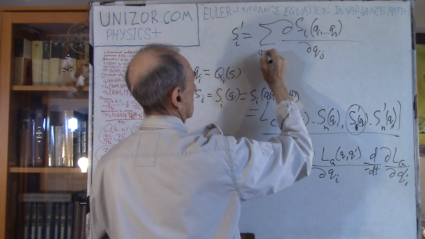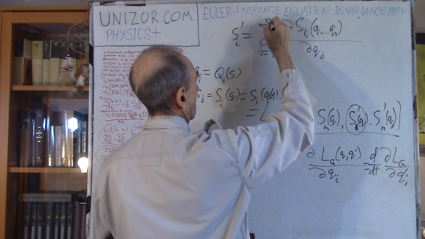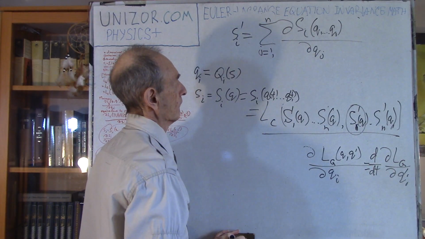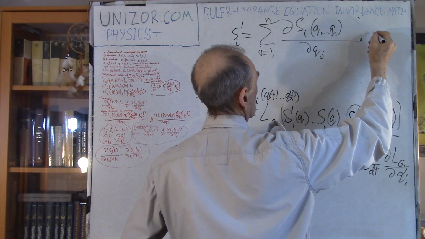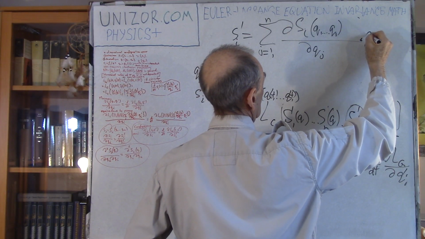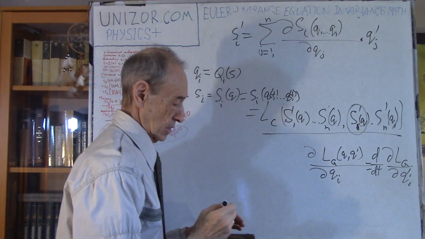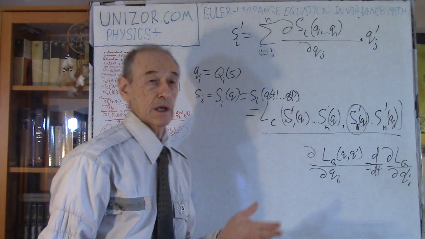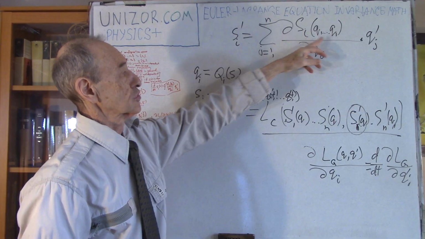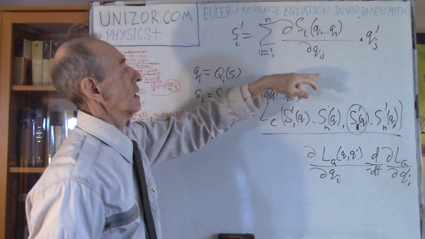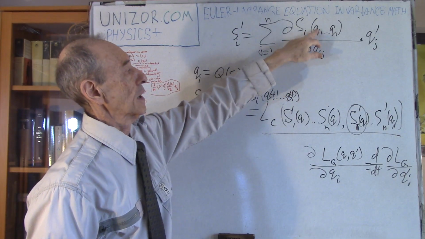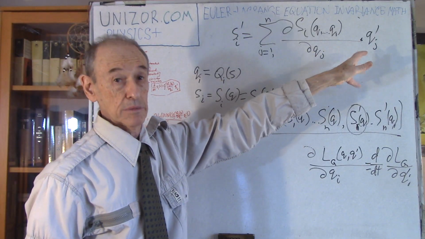By j from 1 to n, times Qj derivative by time. So this is a chain rule. It's a chain rule for a function of multiple arguments to differentiate by an internal parameter, time, in this particular case t.